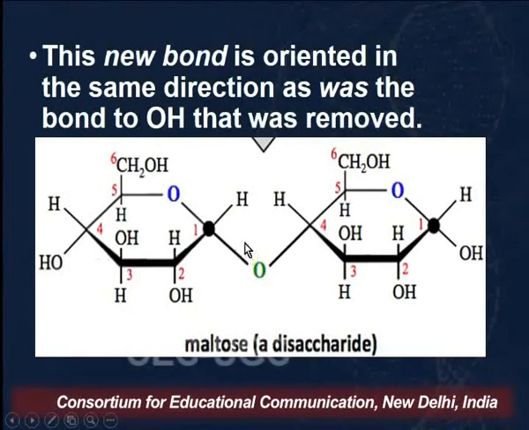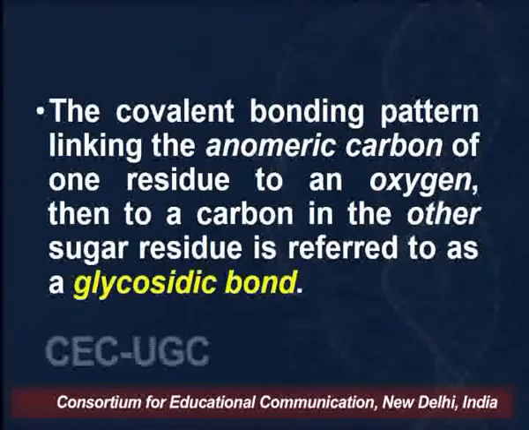So whenever you are making a glycosidic bond and you have to indicate the position or the orientation of the CO bond here, you have to remember it will be in the same direction as was the bond which we had removed from the anomeric carbon. So here the direction is the same, and we've got an alpha D glycosidic linkage.